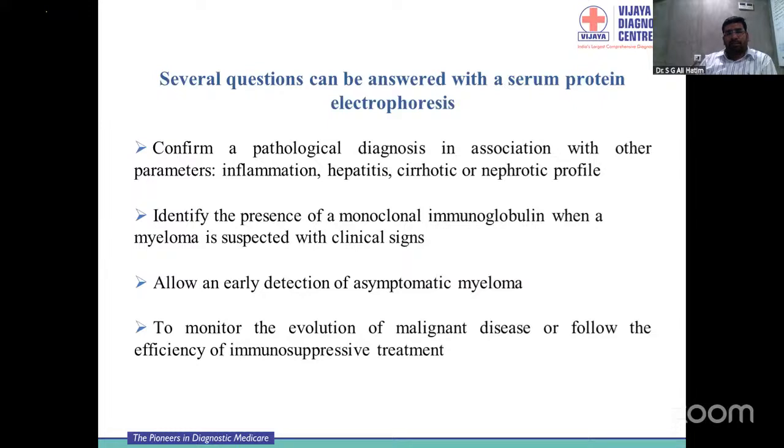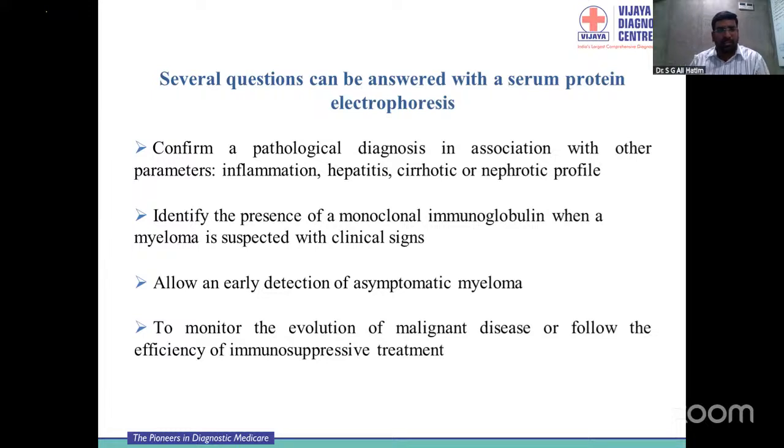As I said, because of running these samples by electrophoresis, we can come to some diagnosis like pathological conditions associated with inflammation, hepatitis, cirrhosis, and nephrotic syndrome, and some monoclonal gammopathies like multiple myeloma, along with some specific clinical signs and symptoms.